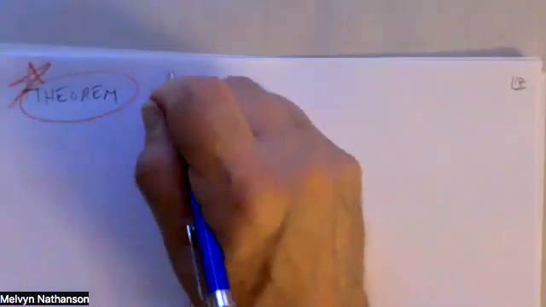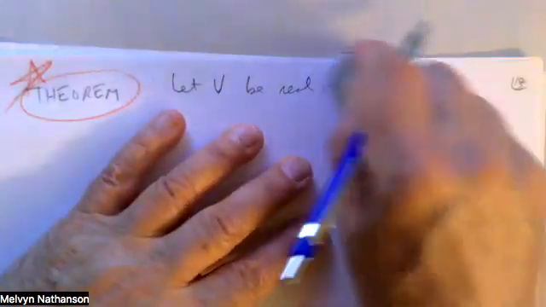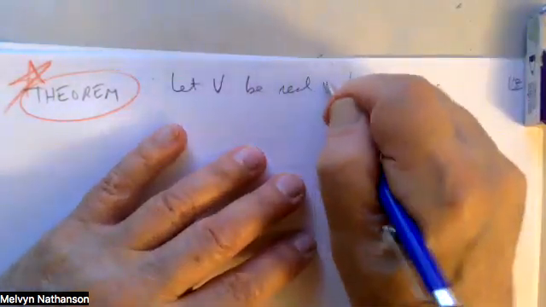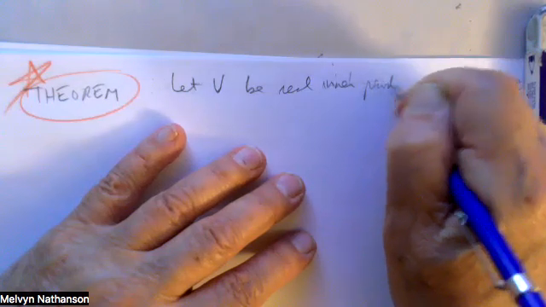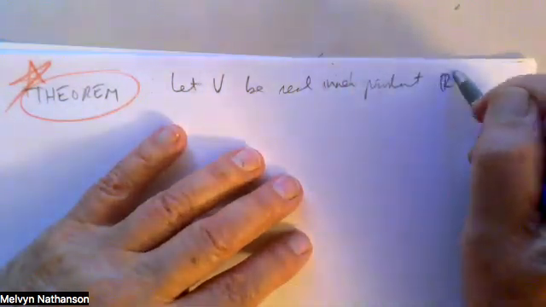Let V be a real inner product space. In fact, we can just suppose it's n-dimensional, Rn.